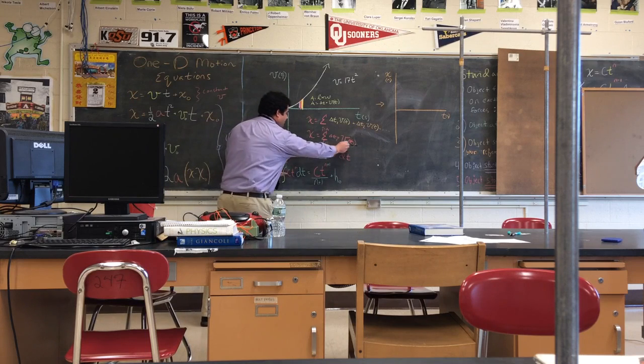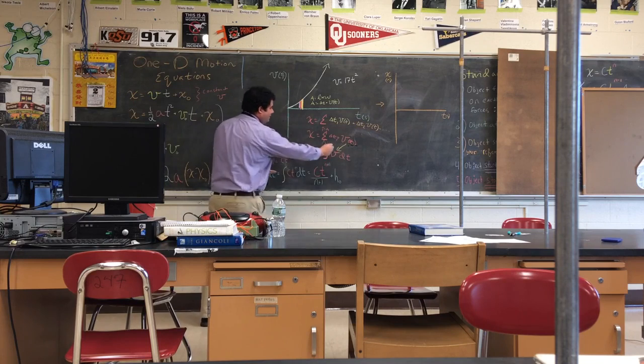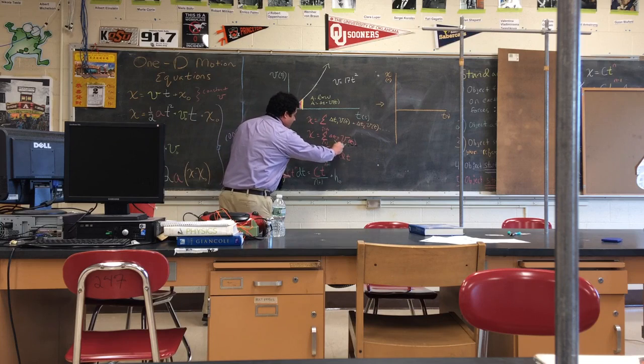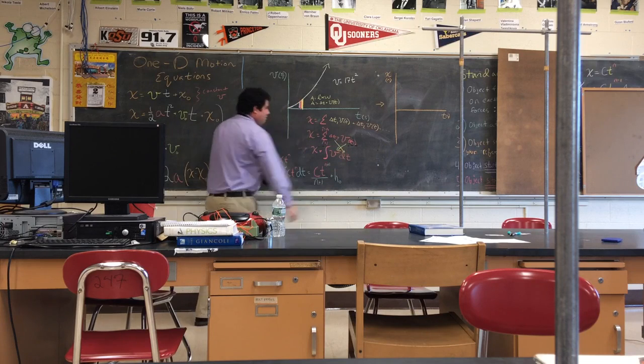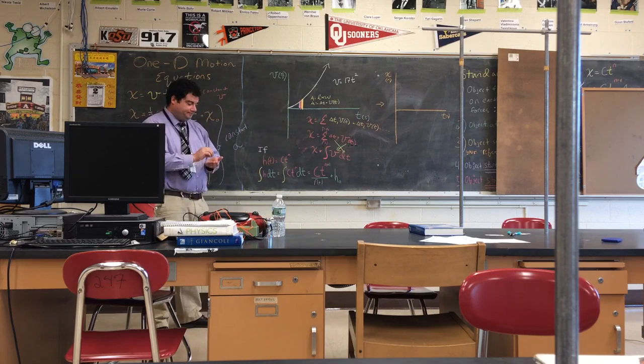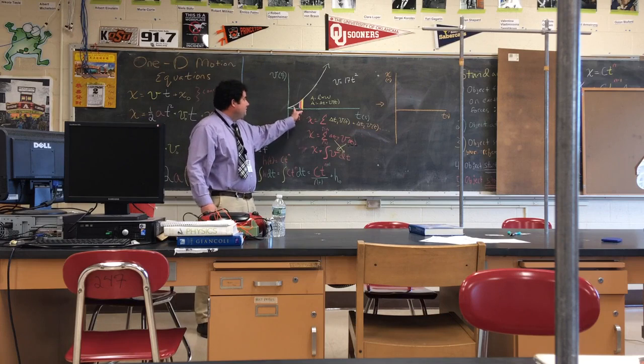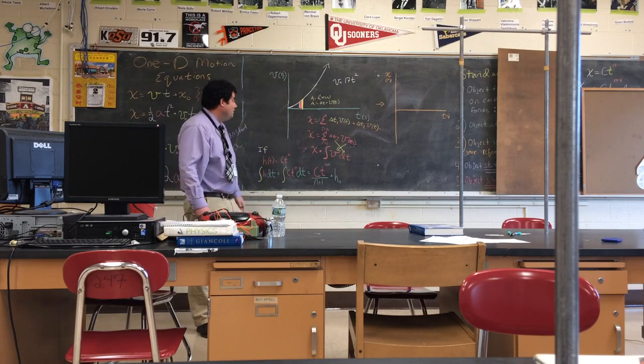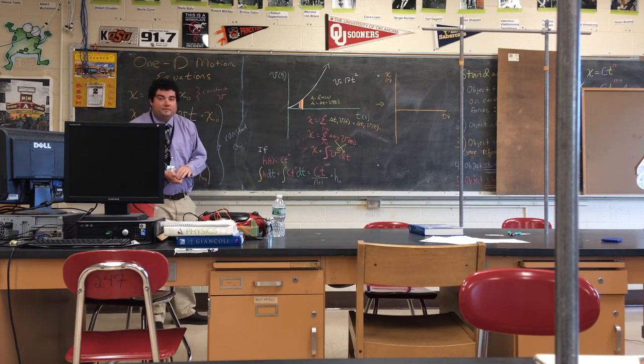So we still have the v from before, and then that delta t, when it got infinitely thin, just became dt. So this integral just symbolizes the sum of all of these slices. How do we do it?